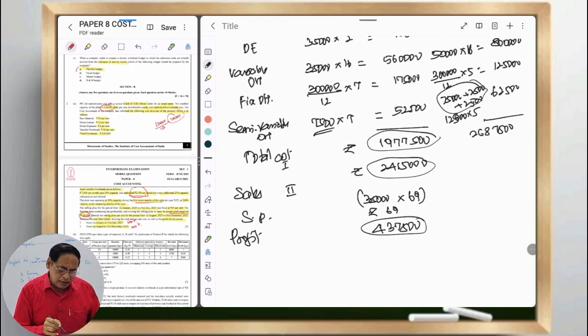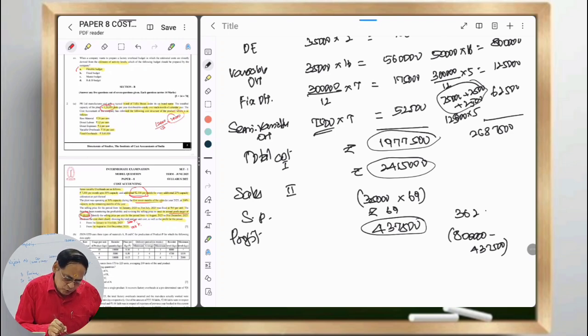So for the remaining 5 months, how much should it be? 8 lakhs minus 4 lakh 37,500, that is 3 lakh 62,500. Understand? So this is correct.